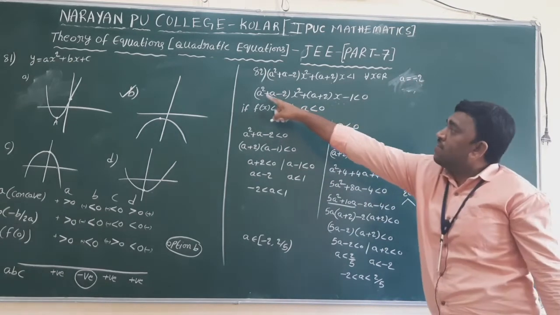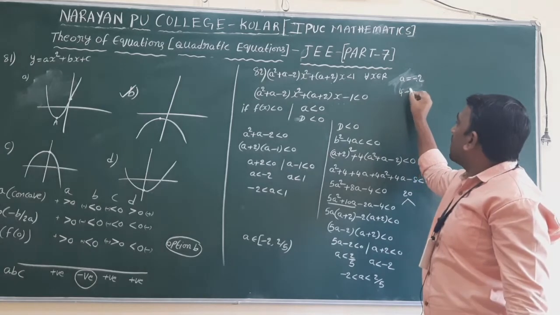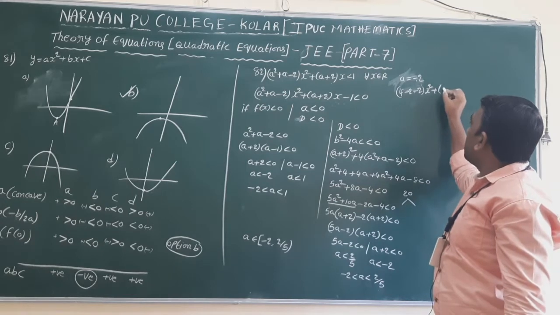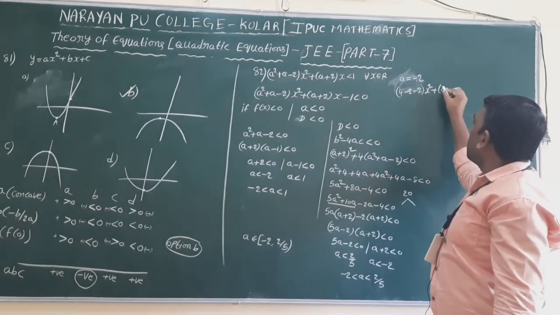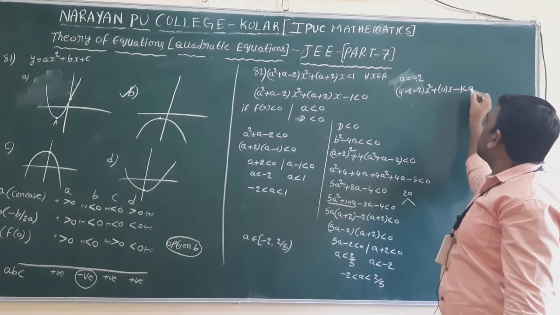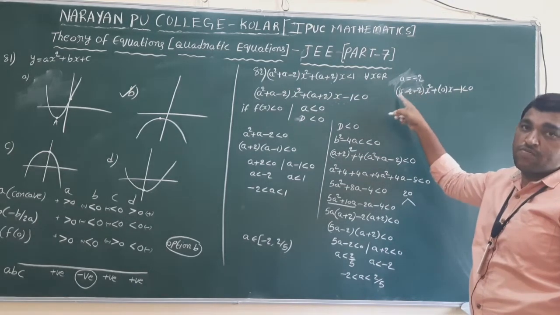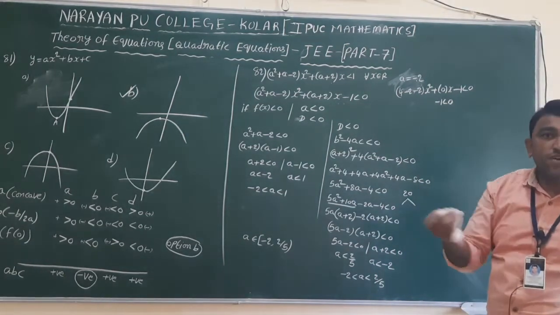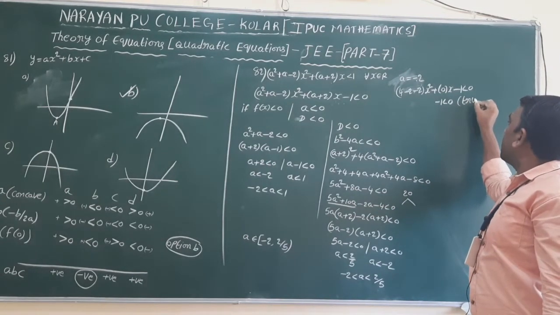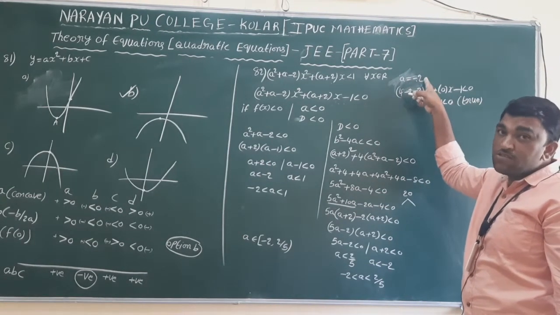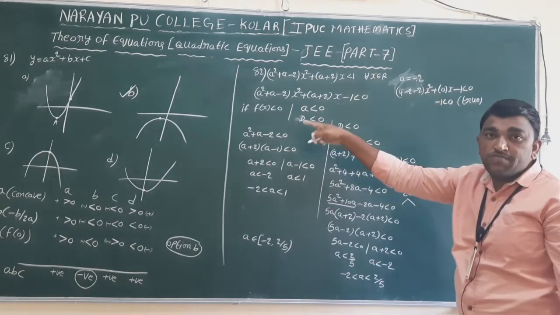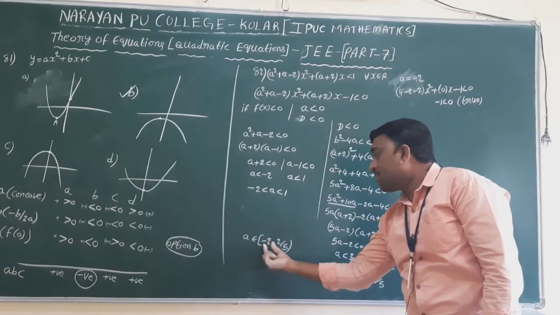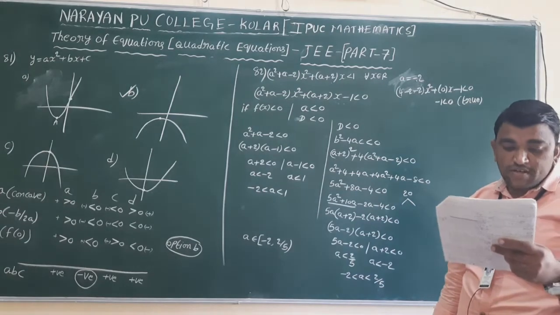Substitute in the given function: 2² is 4, (4 − 2 − 2)x² + (−2 + 2)x − 1 is less than 0. −2 − 4 + 4 is 0, 0 − 1 is less than 0. A negative value is less than 0, true or false? True only. So while taking a value −2 also, the inequality is satisfied. That's why at −2 we need to take the closed interval. So the closed interval [−2, 2/5]. So option B is the correct one.